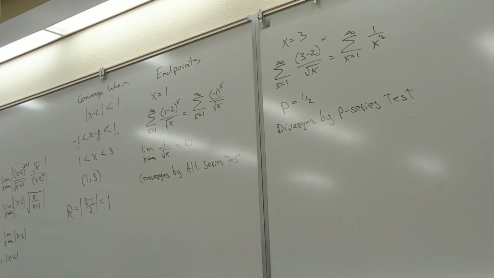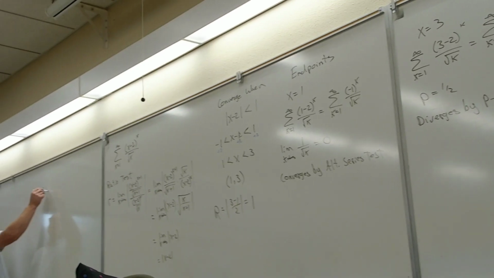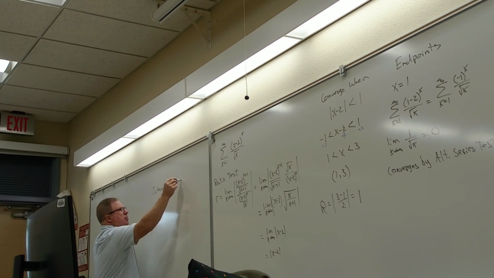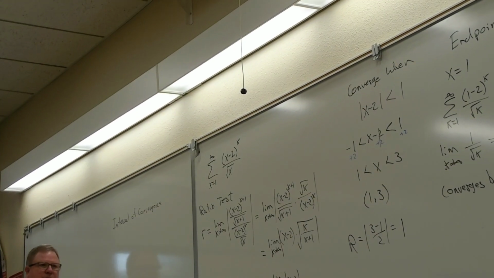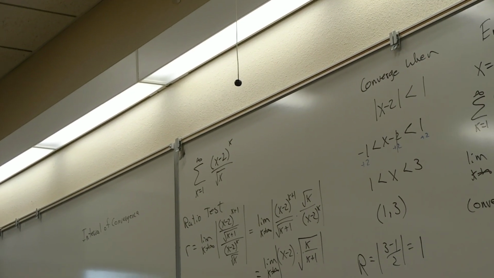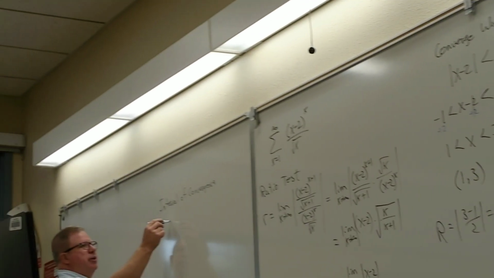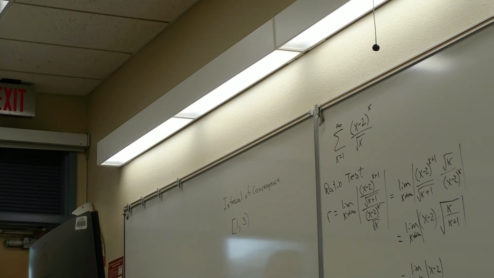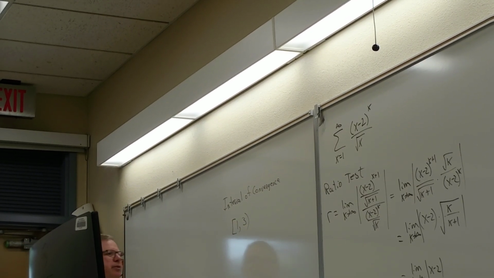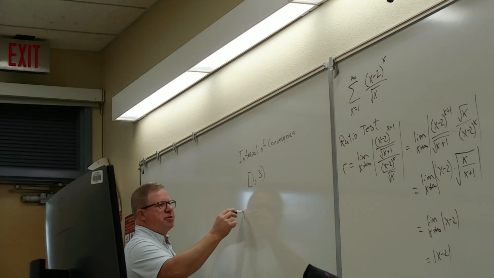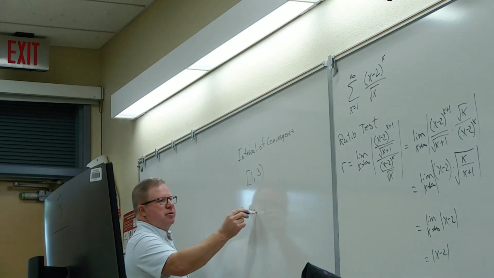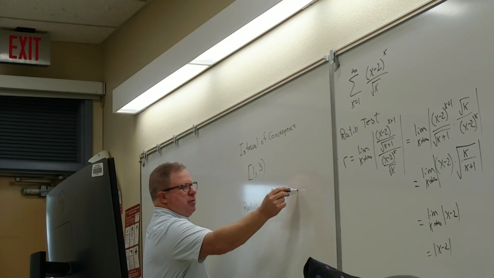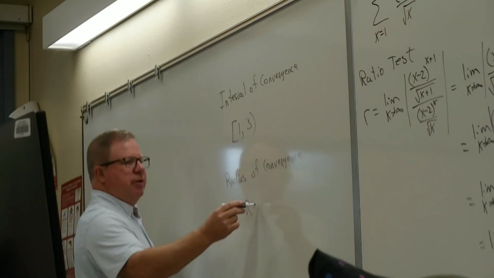Interval of convergence: because it converged at 1, we're going to get a bracket there to include it and a parenthesis on the 3. And then the other part that Pearson's going to ask for is the radius of convergence, capital R equals 1.